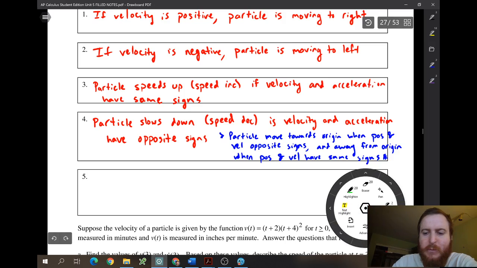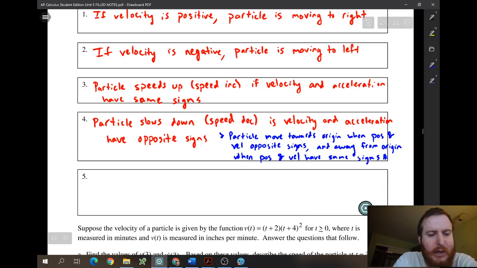flashcards with this concept. So anyways, the 5th rule is that if our velocity is 0, and sometimes they'll say that means the particle is at rest.